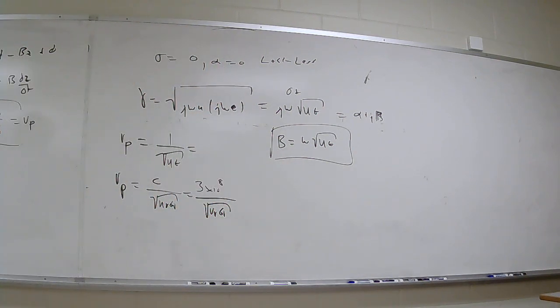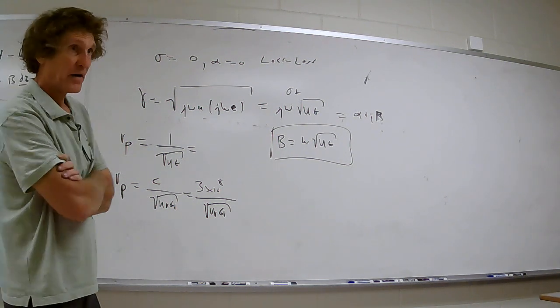Now something else to be said. Most, if not all, of the materials we worry about for propagating waves are non-magnetic, at least in my world. You get magnetic materials if waves are propagating in things with iron filings.